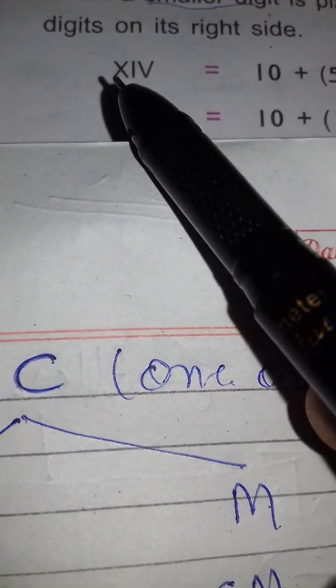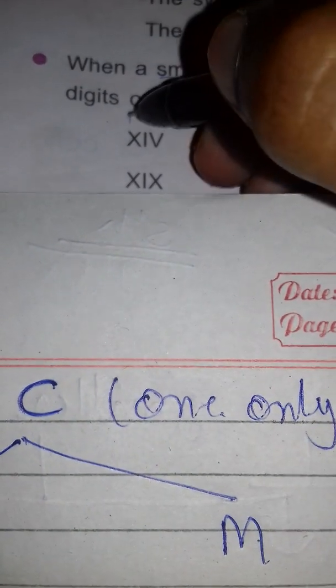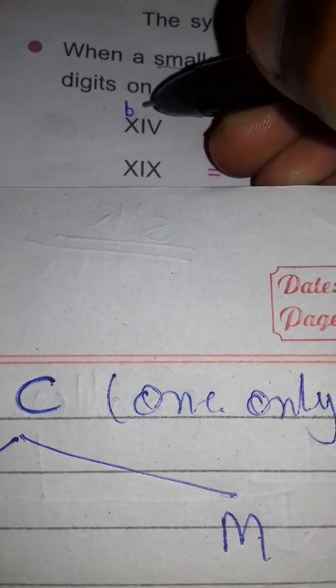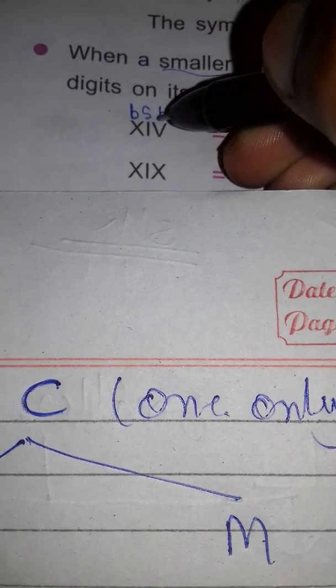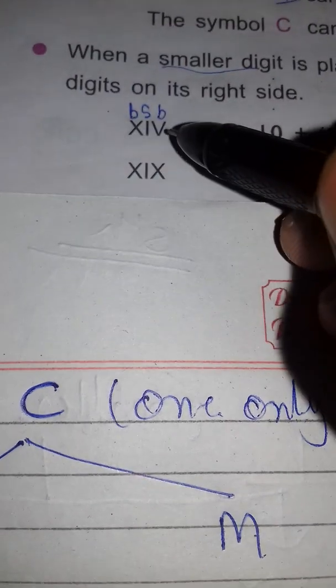Now see the example. If we have the symbol XIV, what does it say? X is a big digit, I is a small digit, and V is also bigger than I. Okay, so both side big digits are given, with a small digit in between.